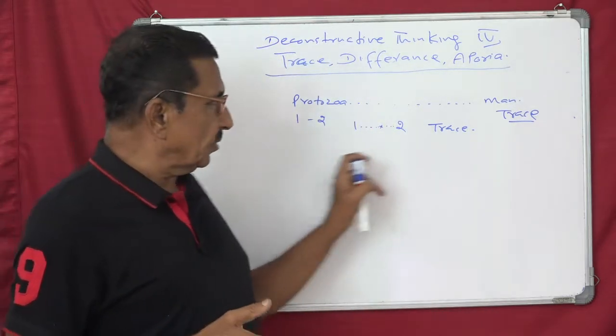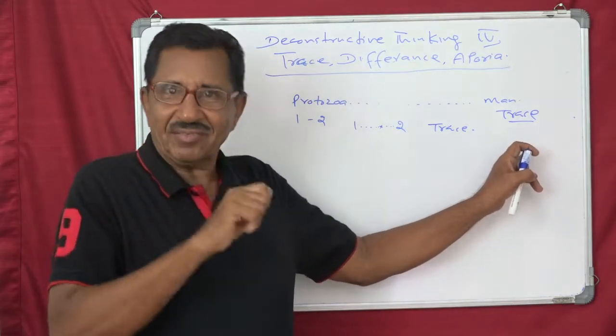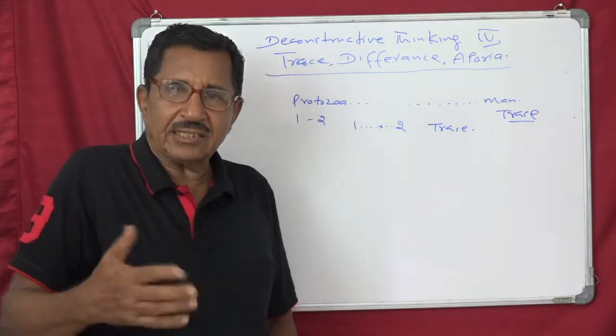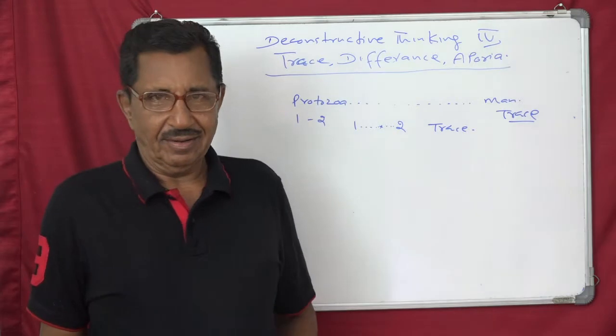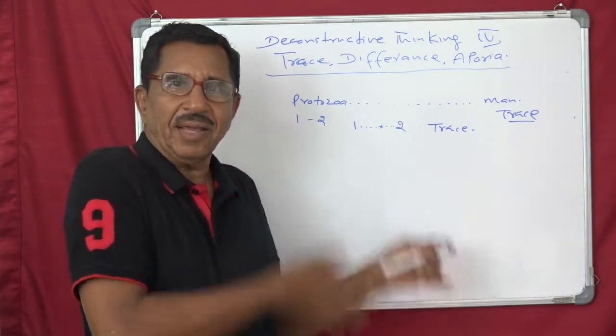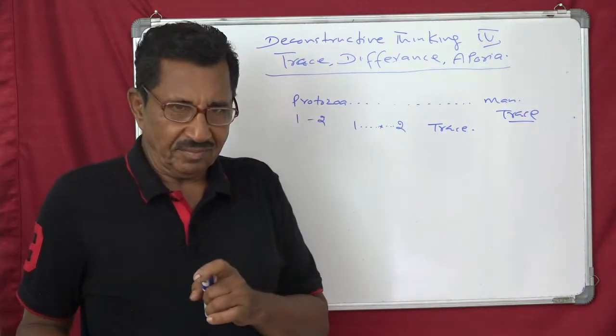Protozoa is not absolute, man is not absolute. Not the creatures, but what I am trying to tell you is the sign, the linguistic sign, because the linguistic sign stands for it. In the linguistic sign you don't find man and woman, but it stands for it. So that is the common.